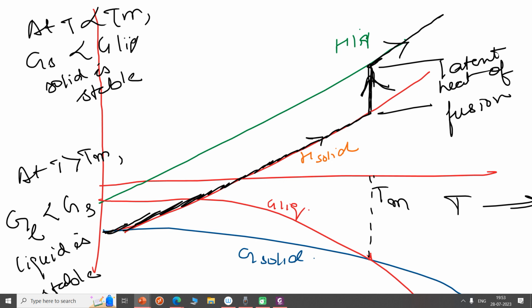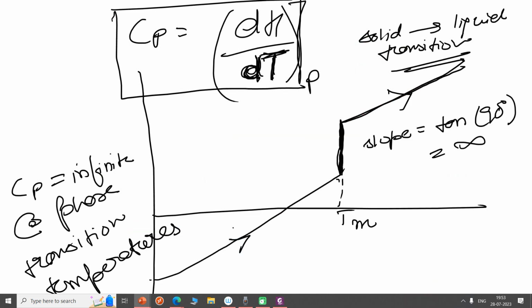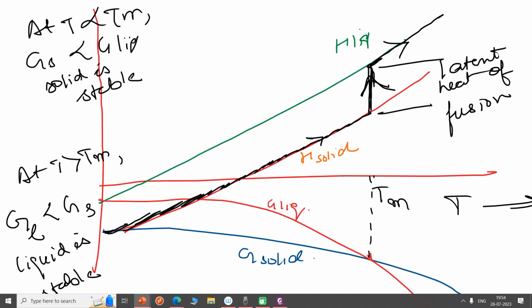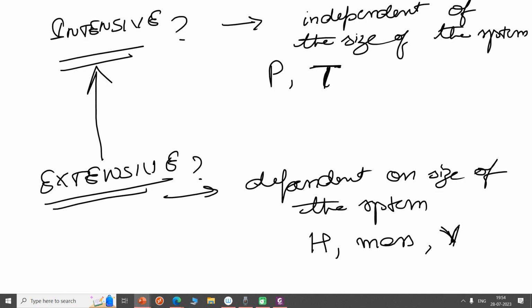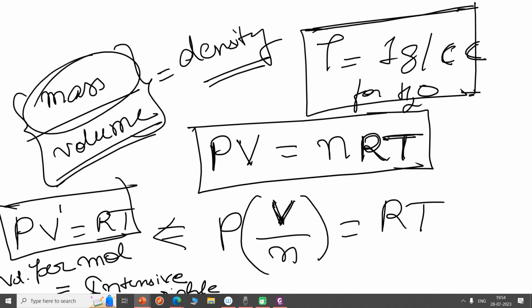And we have seen how the variation in the free energy is supported by the changes in the enthalpy, which was explained with the example of a simple solid to liquid transition, wherein we have an increase in the enthalpy but a decrease in the free energy. Then we went on to describe the intensive and extensive variables of the system, and how certain extensive variables can be converted to intensive variables by dividing by another extensive variable.